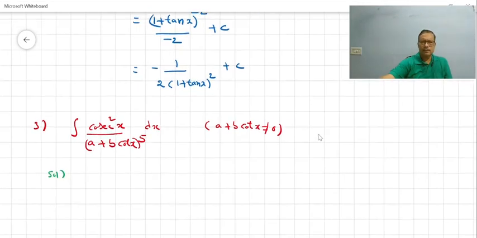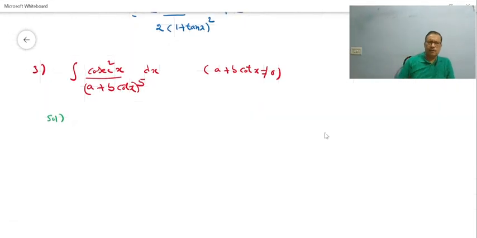So what is given? What you have to find? We have to evaluate integral of cosec²x by (a + b cot x)^5 dx.